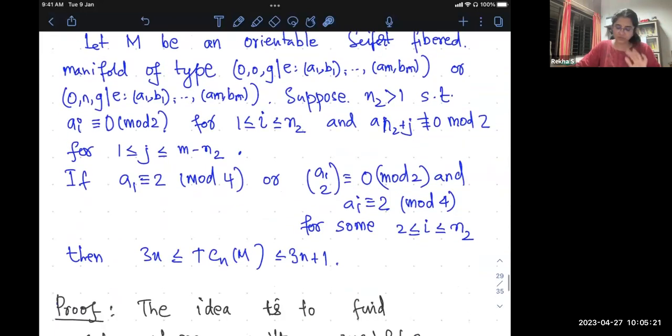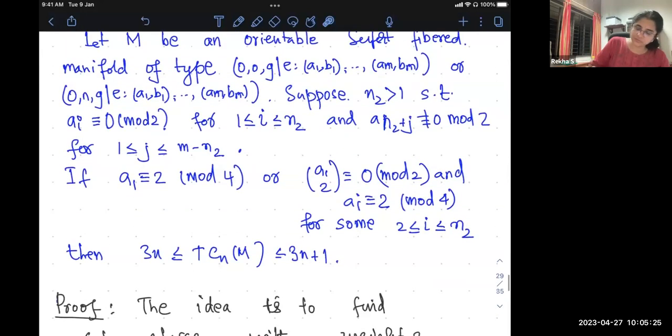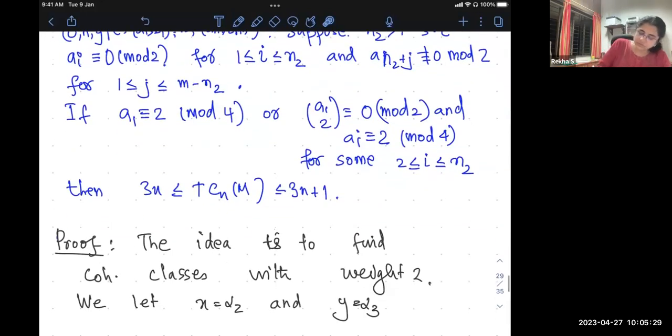The idea is to be able to find some cohomology class which will have weight bigger than or equal to 2. So remember there were these degree 1 elements in the cohomology of M. So I'm doing this for the case of M0, and the same sort of idea will work in the case of MN. Since I didn't write down the cohomology, I guess.